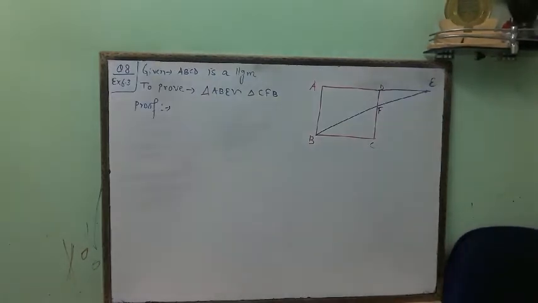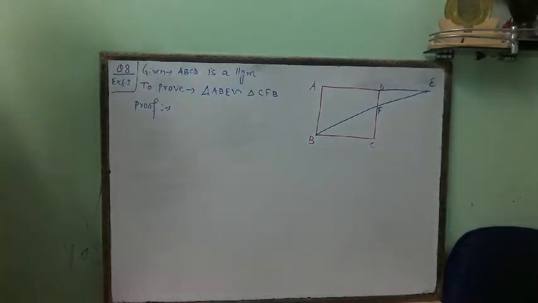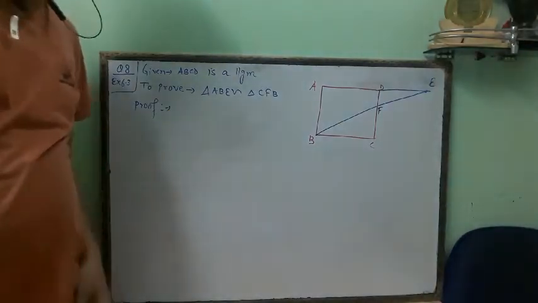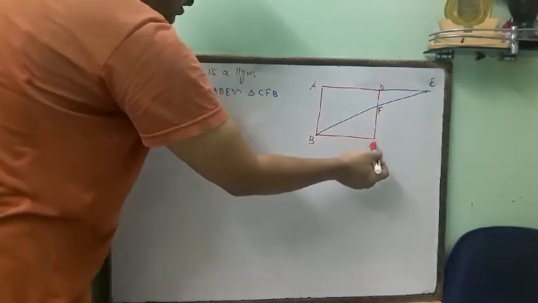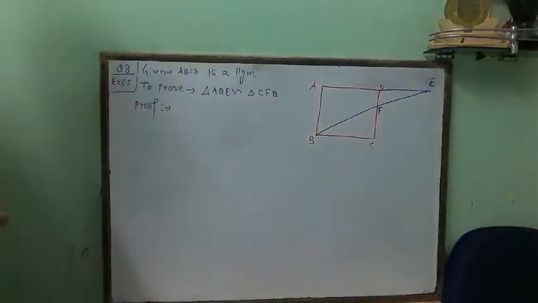This is question number 8 from exercise 6.3. Again, it is given that ABCD is a parallelogram. AD is produced to E and BE intersects CD at F. We have to prove that triangle ABE is similar to triangle CFB. As you know, we have to make two angles equal for proving these two triangles similar.